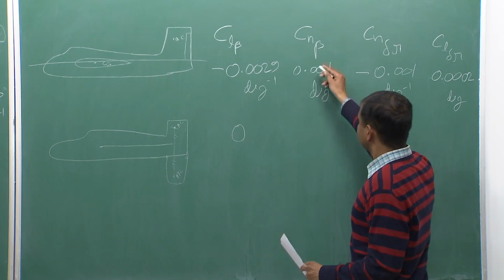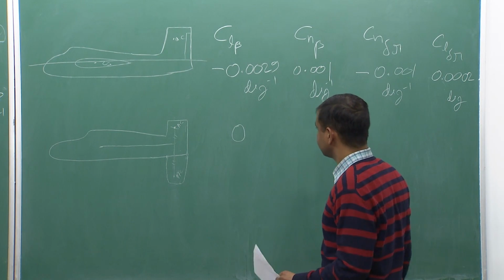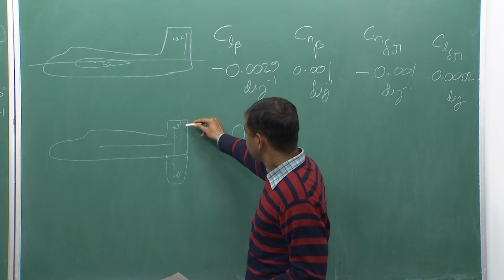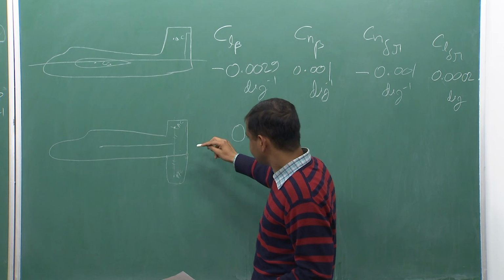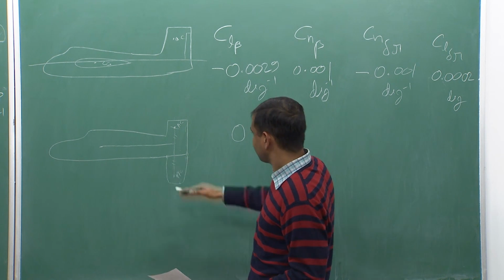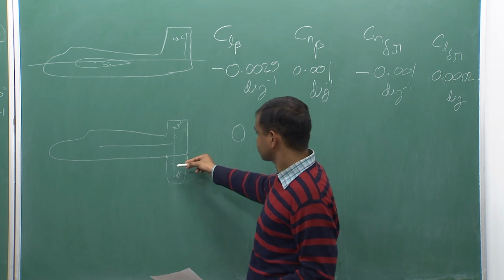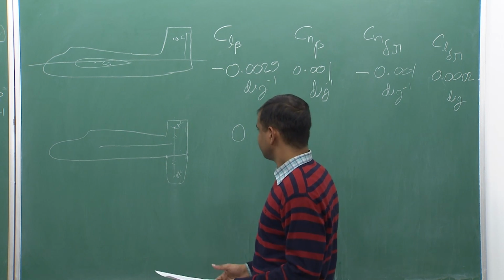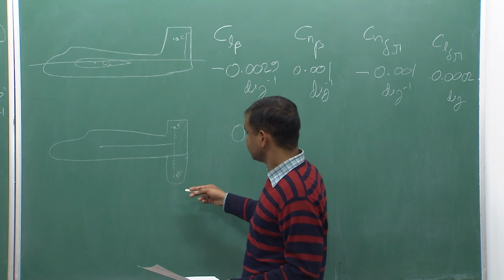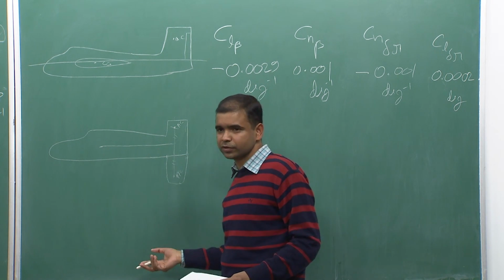Now, what will be the value of Cn beta for this configuration? For the positive side slip angle, this surface has a tendency to provide a positive yaw. This also will feel a force outward, and that will also try to give a positive yaw, and both are identical. This yawing arm is also the same.